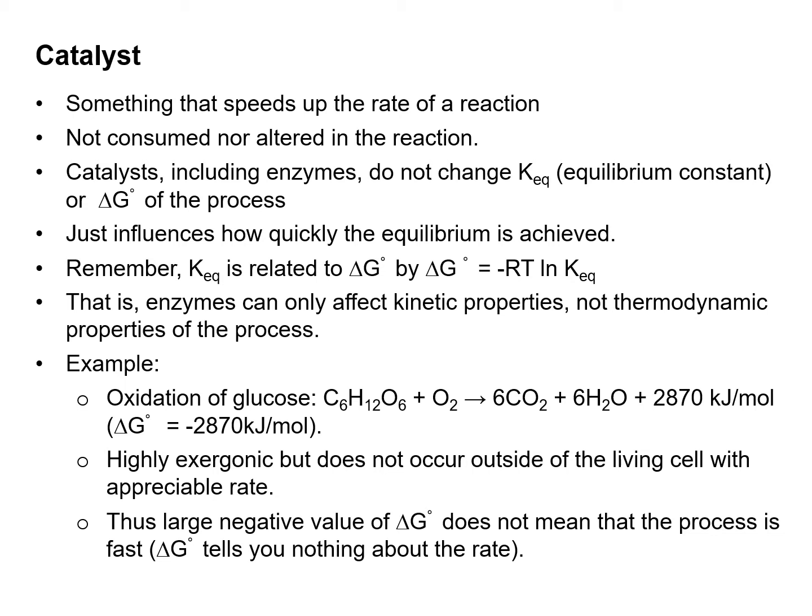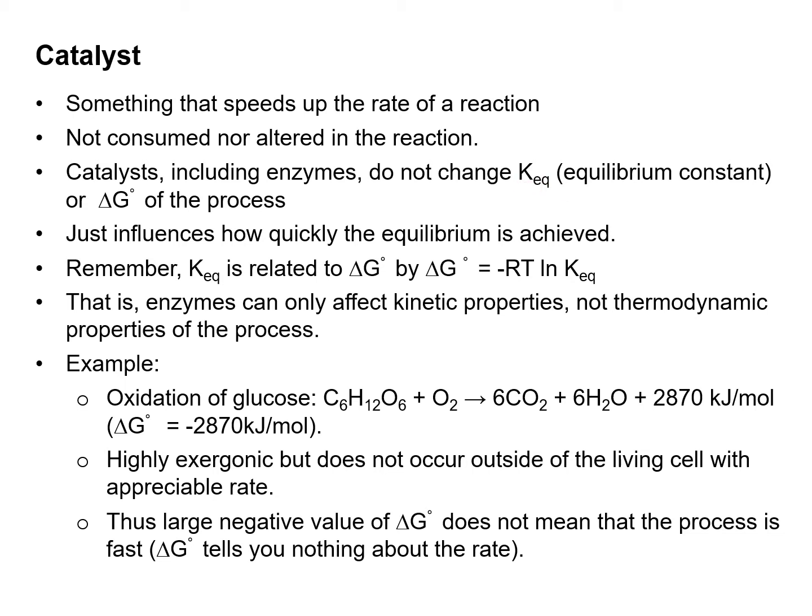First, a catalyst is something that speeds up the rate of a reaction, and it is not going to be consumed or altered in the reaction, meaning that it is not a reactant or a product. And catalysts, including enzymes, the biological versions, do not change Keq nor delta G naught of the process. I hope you still remember what these state functions are, which we learned earlier in this course in the thermodynamics section.